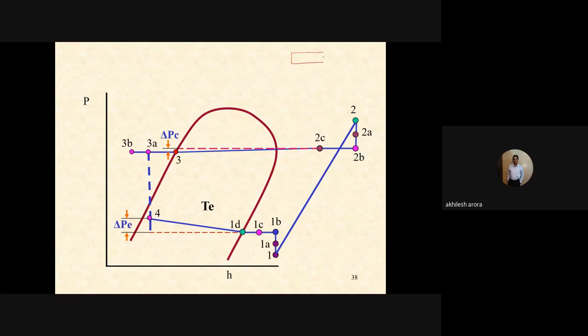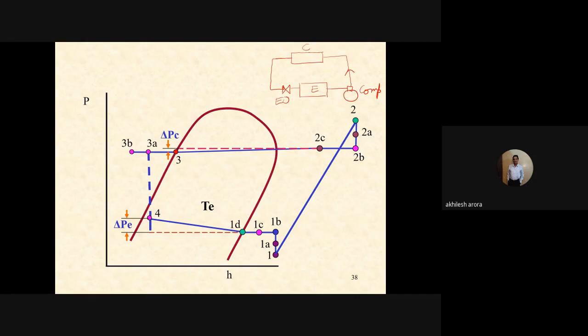This is the condenser, this is the evaporator, this is the compressor, and this is the expansion device.